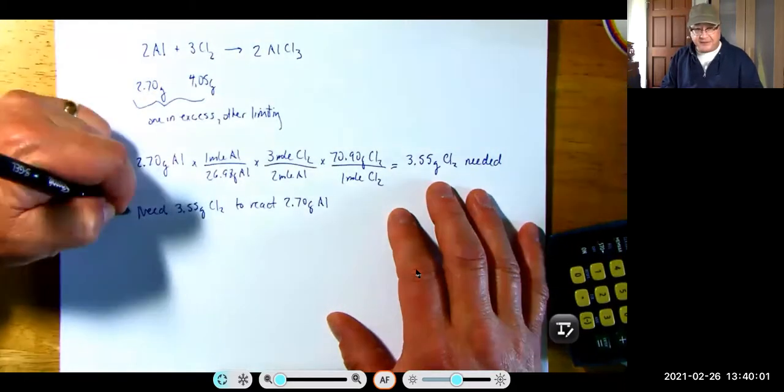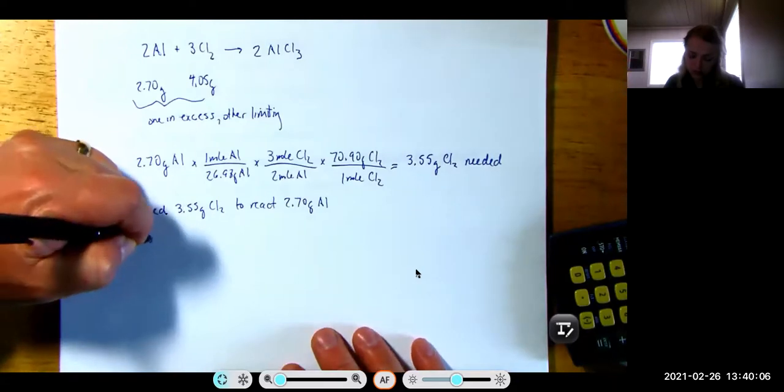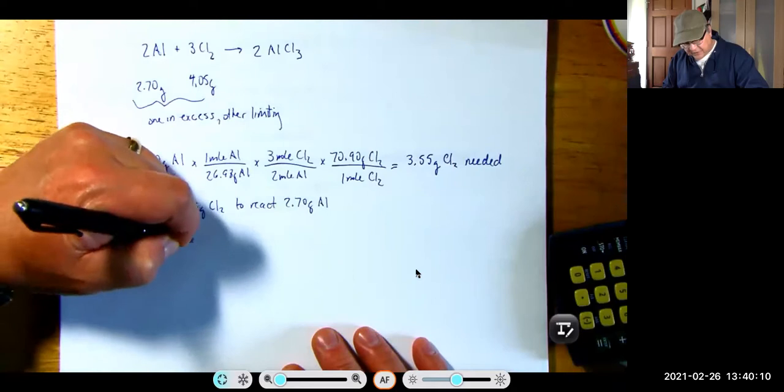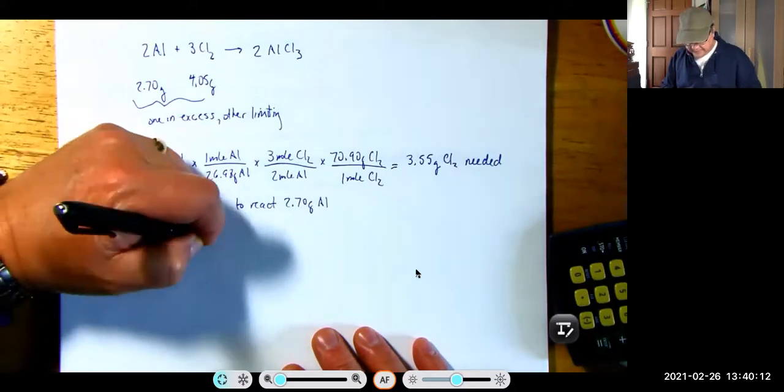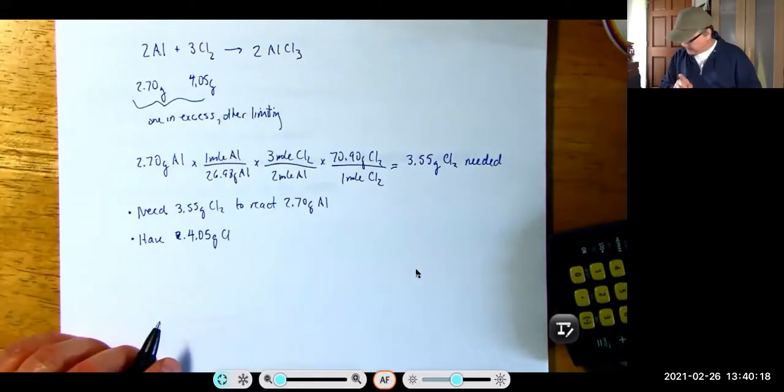That's what this means. Okay, I see. Now we have 4.05 grams of chlorine. Actually, let me think for a minute here.